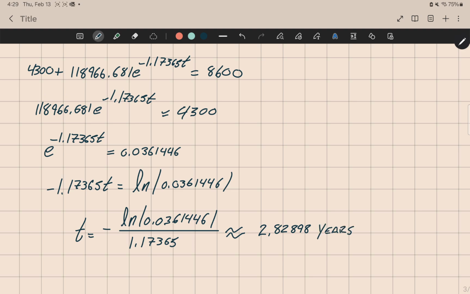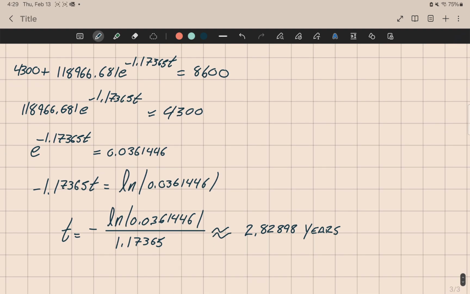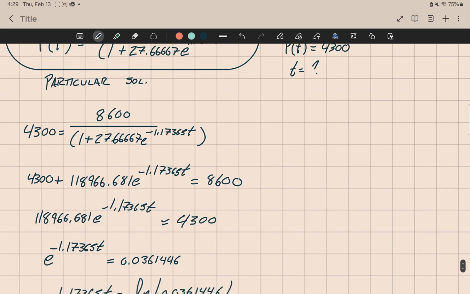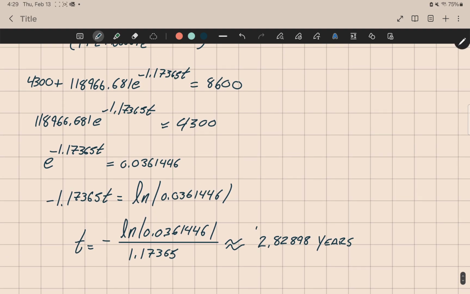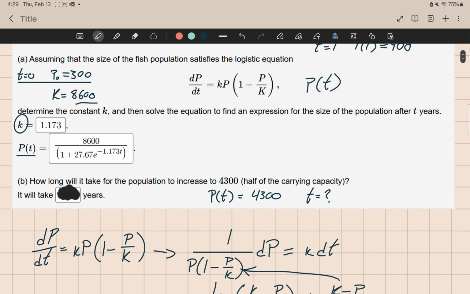And do you really need that many decimals for when you're telling somebody years? I don't know. Let them tell you. So let's go back up there and check our answer. We're looking for somewhere in the ballpark of 2.83. And we'll check that.